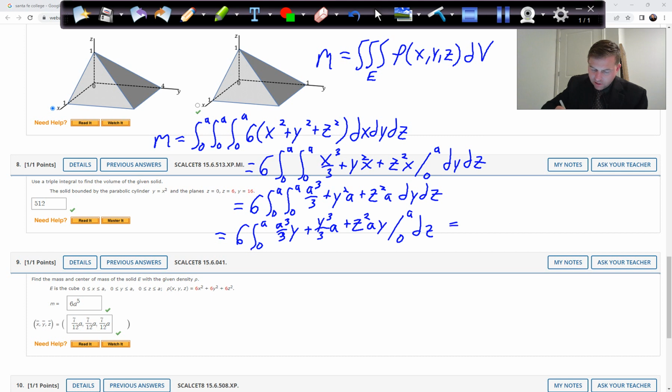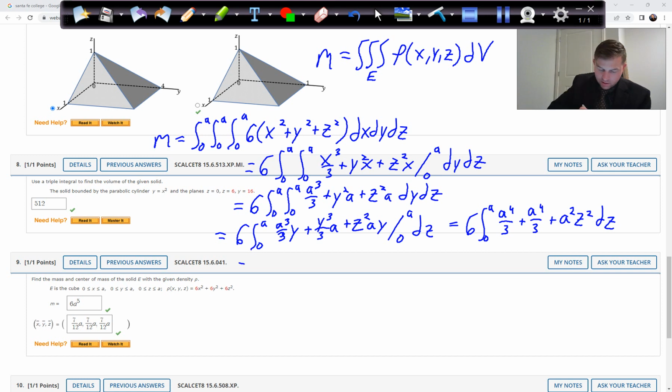So when we plug in a into this, we're going to get the antiderivative 0 to a of a to the fourth over 3, so all y's are now a's, plus a to the fourth over 3, plus a squared z squared, dz.